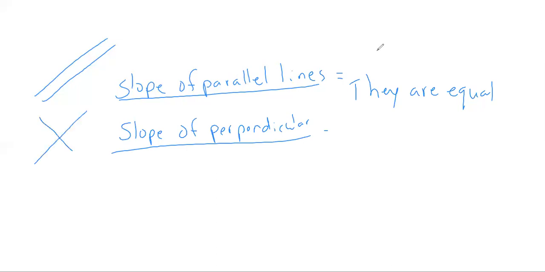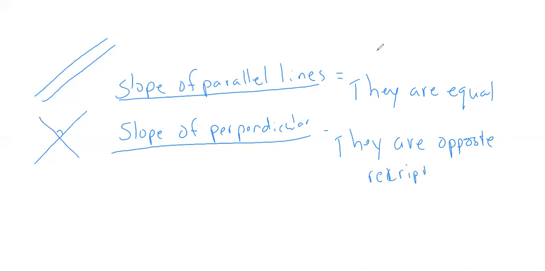They're like this, and they have a 90-degree angle right there. What do you know about their slopes? Well, if you think about it, this one's going up at that degree. That one's going down at that degree. So they have to be, they are opposite reciprocals.